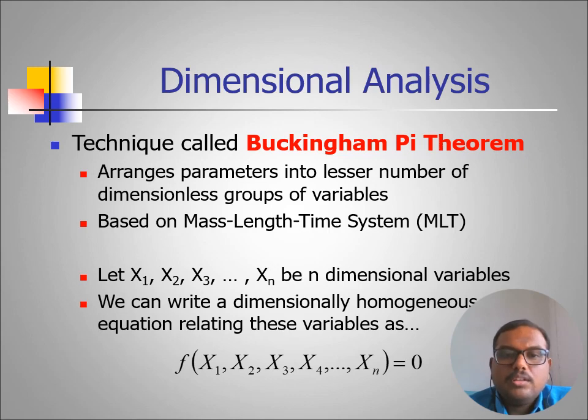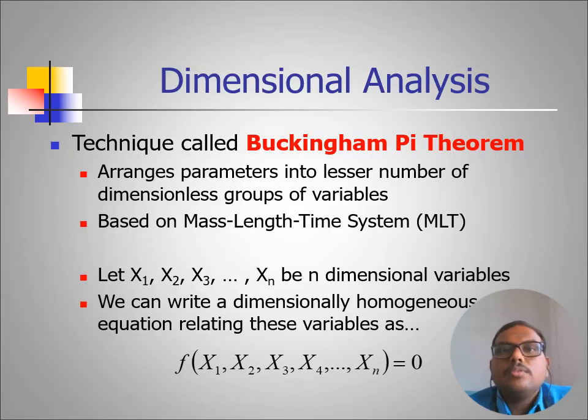This is based on fundamental dimensions, and we know the fundamental dimensions are mass, length and time. Let x1, x2, x3 up to xn be the n dimensional variables. If you are given a problem with n dimensional variables, we can solve it using this Buckingham theorem.